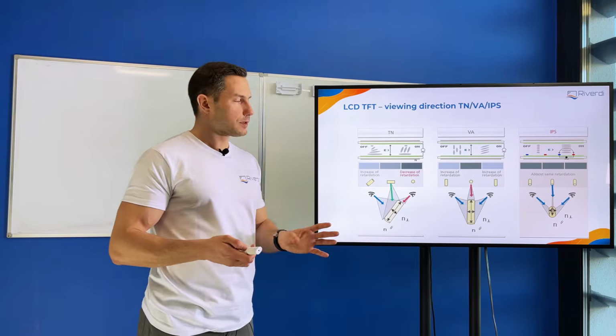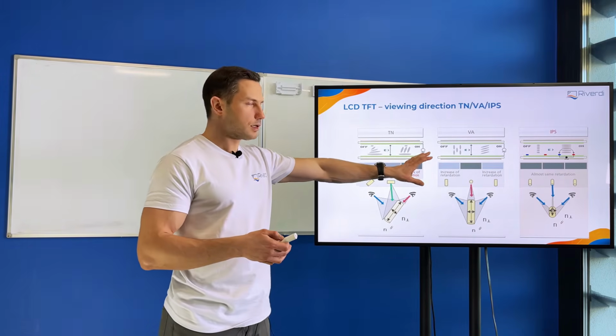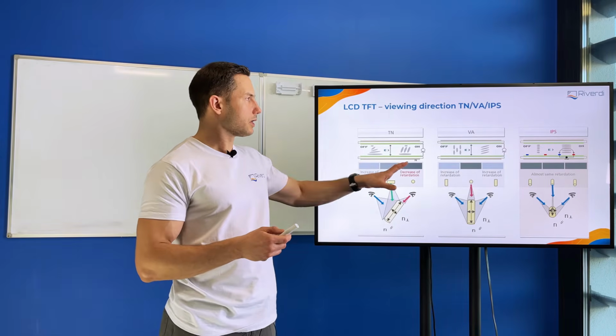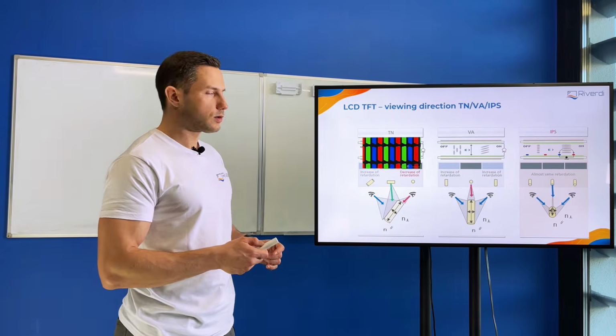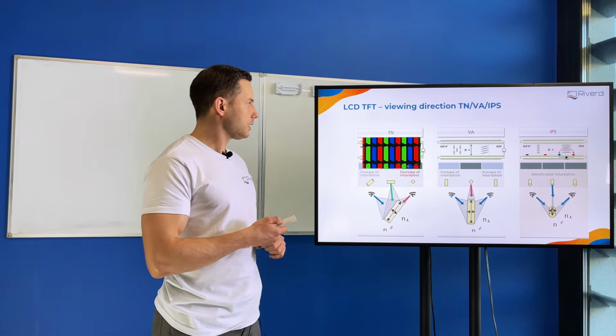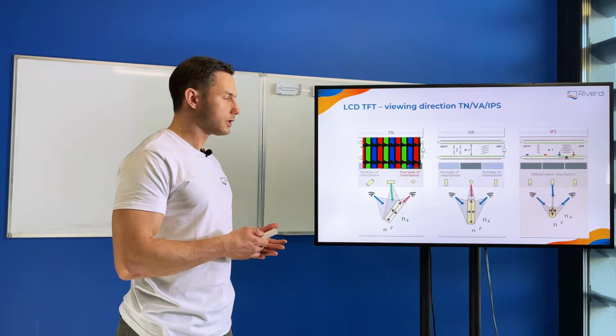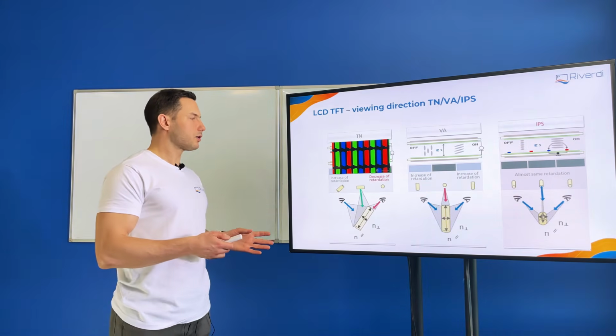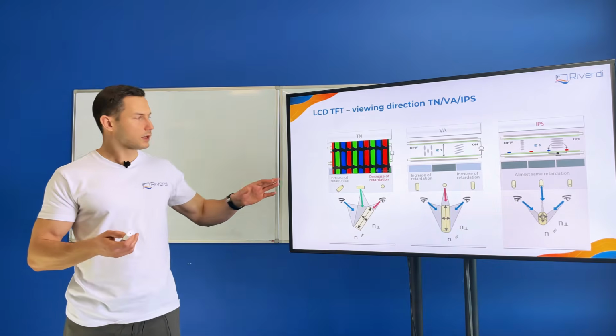And beside the liquid crystal inside, different organization of the liquid crystal in a VA and IPS, we also organize the subpixels a little bit different. So when we look on the TN, the simplest TN display, we will just see the subpixels, yes, with the color filters that we talked already about that.